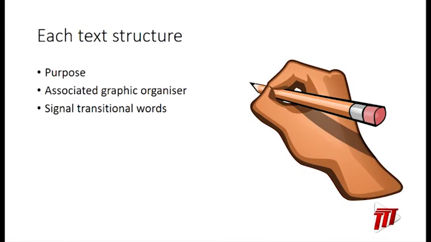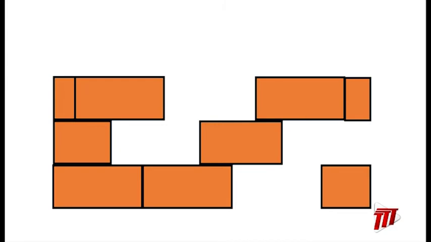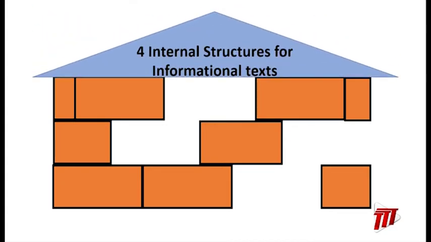We learned that every text structure has a specific purpose, an associated graphic organizer, and signal transitional words. And if we want to think about our writing as a house, the internal text structures help us to organize what's happening in this house in terms of its structure.